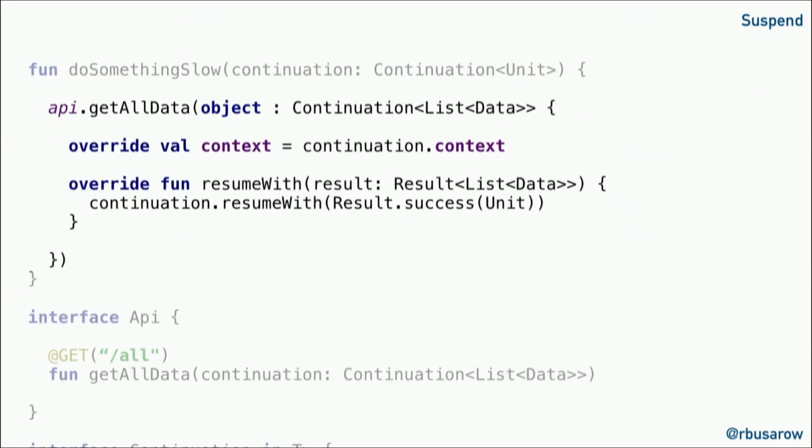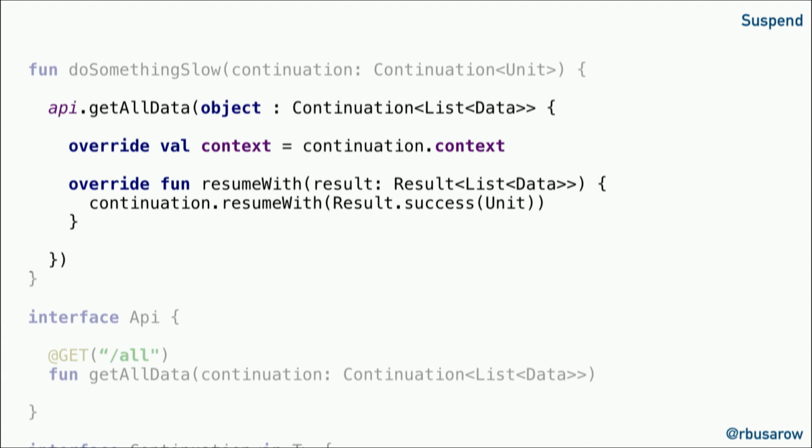So we're passing in the required context. And note that the context that we're giving to this continuation is actually coming from the continuation parameter of the doSomethingSlow function. This is super important. This is how structured concurrency really works. The suspending functions are operating with the coroutine context of the coroutine which initially called all of them.